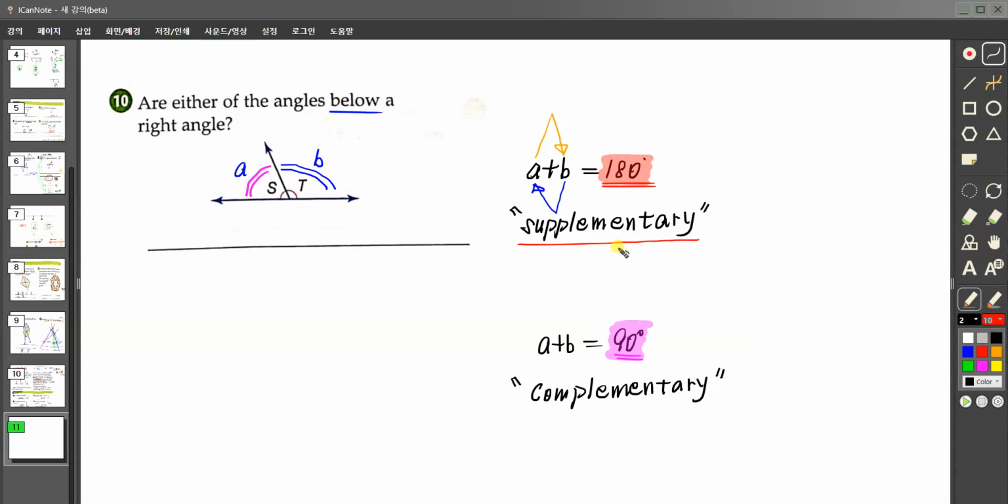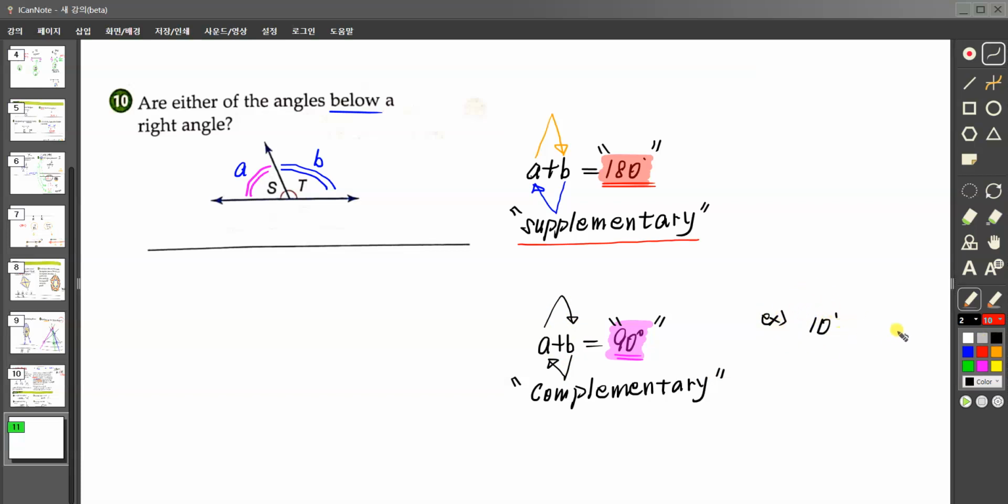We do not use this kind of word in the other degrees, only 180 and 90. Supplementary, complementary. So A is complementary to B, B is complementary to A. Then can you answer me?